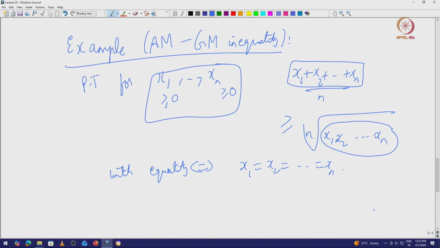We want to prove that this sum divided by n is larger than this. So, among all the x1 to xn such that the sum equals some fixed constant, if we maximize this quantity, then we will be in a good shape to prove this. So the aim is to maximize.